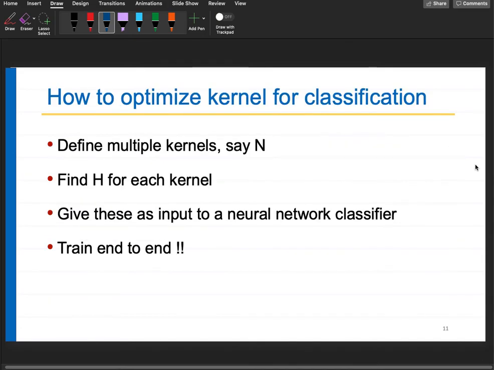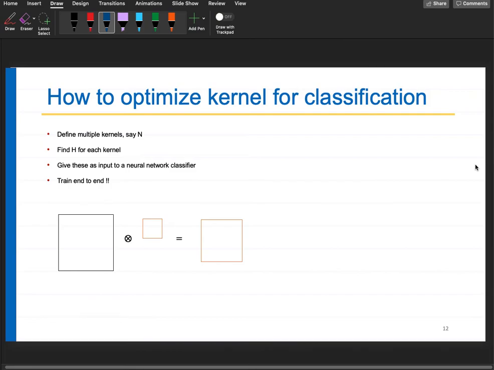Okay. So just a quick visualization of this whole thing. You have your input X here, you convolve it with a W, you get H. Now you take another kernel, another W dash or W2, convolve your X with W2 and you get another H dash. Then take W dash dash dash and you get H dash dash dash. In this way, you can take any number of kernels you want.